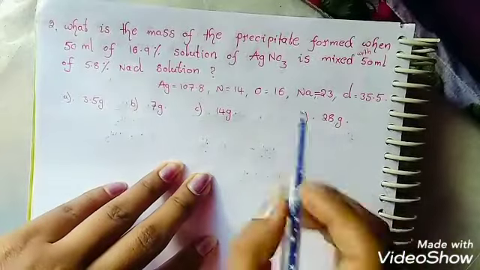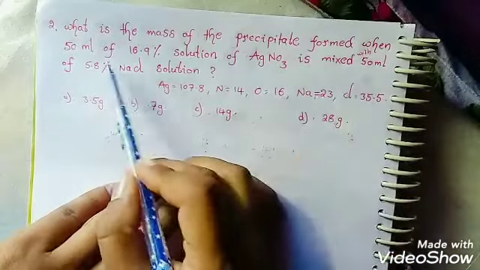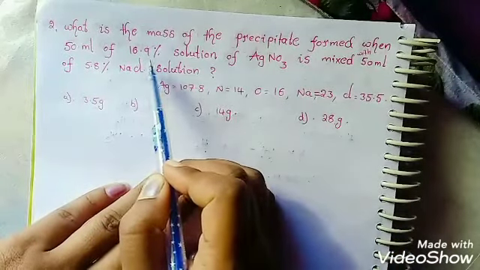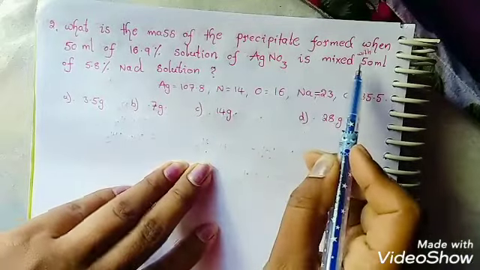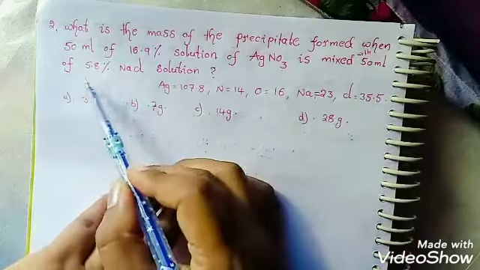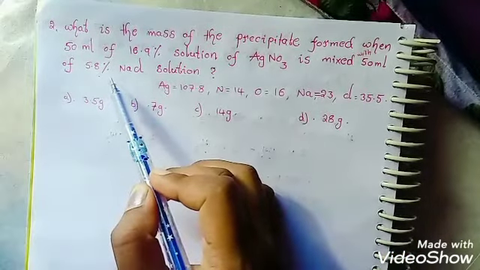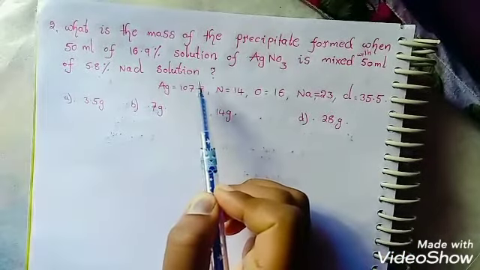What is the mass of the precipitate formed when 50 ml of 16.9% solution of AgNO3 is mixed with 50 ml of 5.8% NaCl solution?